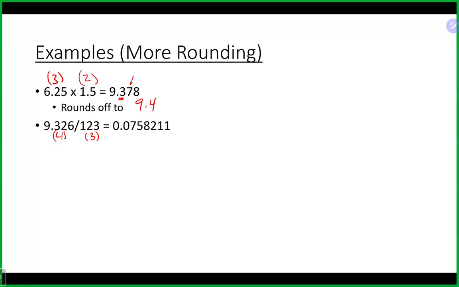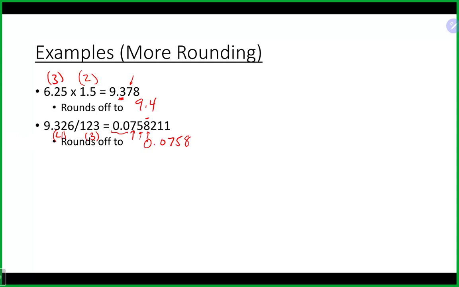It is the 8. Leading zeros don't count until we hit the 7, and the 5 and the 8 here would be our third significant figure. In this case the next digit is less than 5, so we're going to drop it.